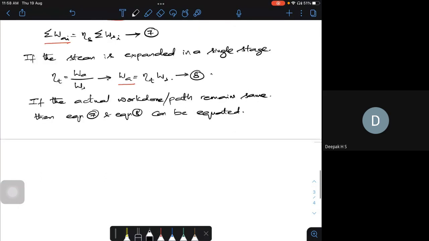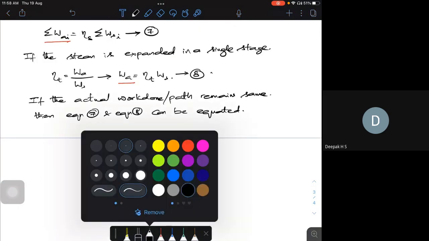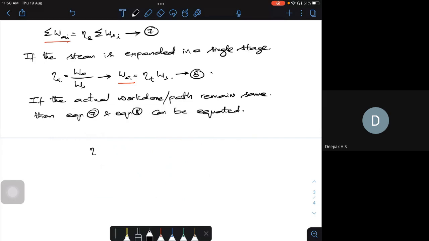That means I can write the stage efficiency into its isentropic work done for the multiple stages is equal to the turbine efficiency into its isentropic work done for the single stage.